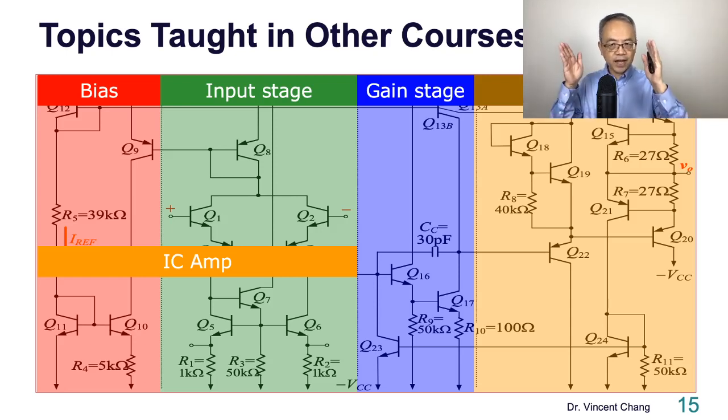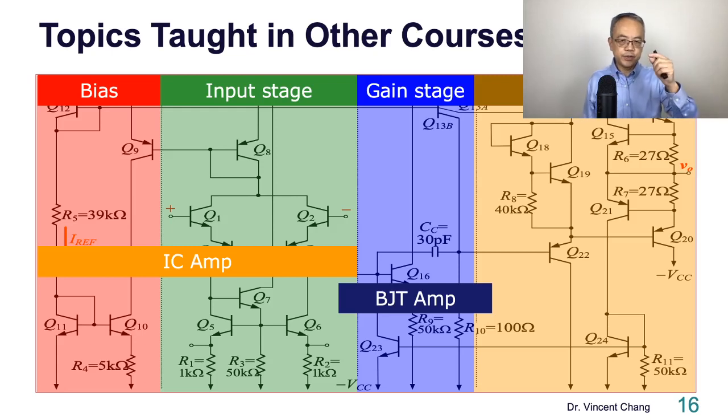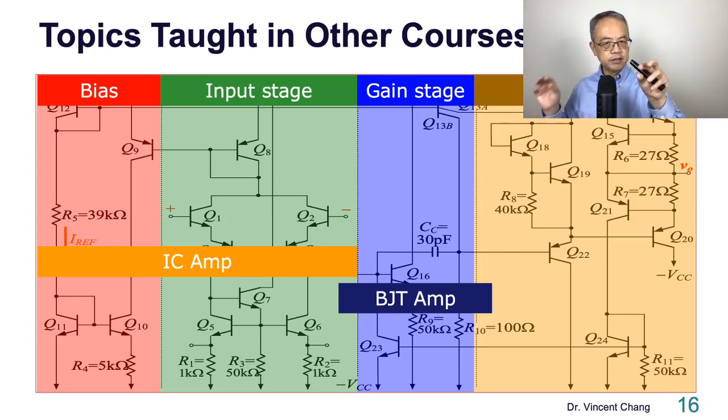For example, the IC amplifier course covers integrated circuit bias and the skill to analyze the differential amplifier. If you are interested, you will learn the bipolar semiconductor amplifier to solve the input resistance, output resistance, etc., and also the voltage gain of the gain stage amplifier.